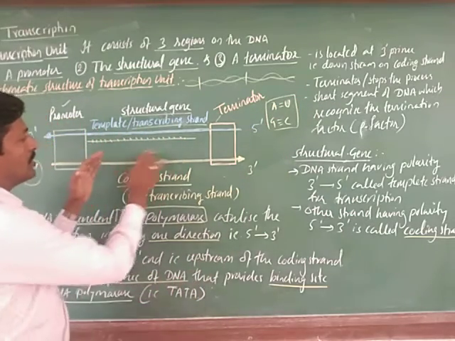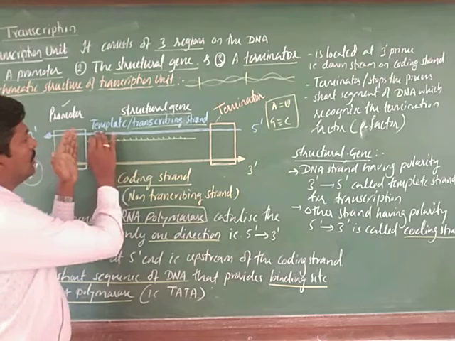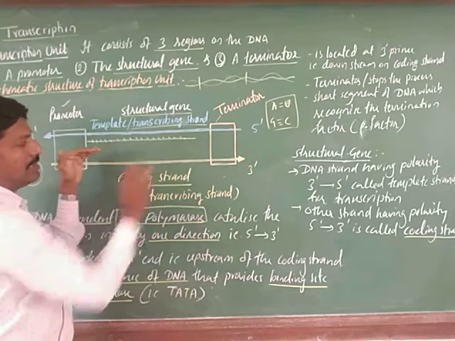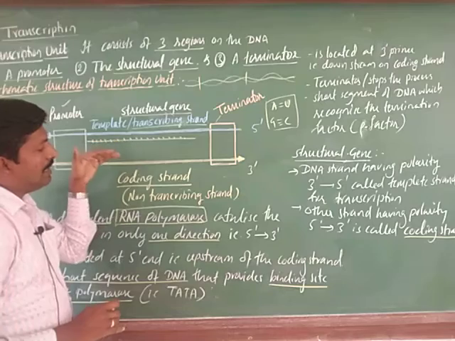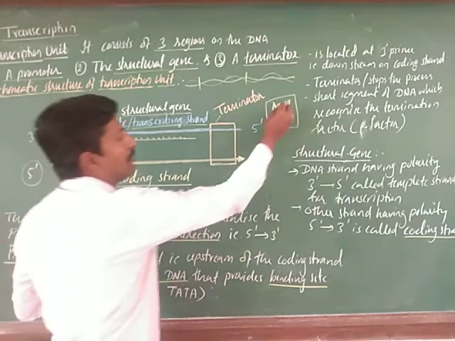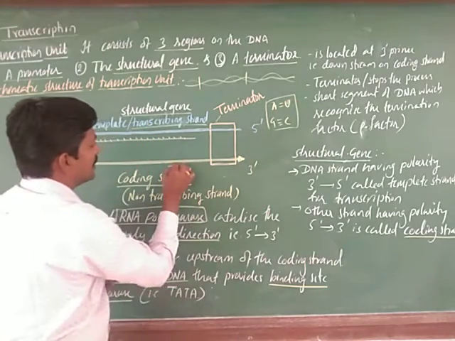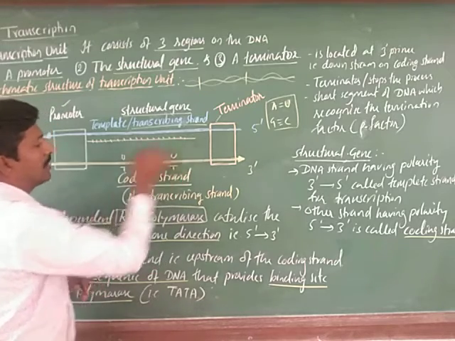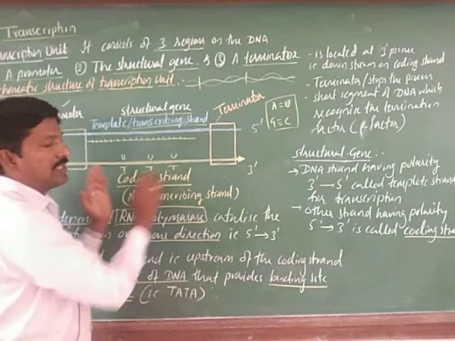When you observe the template, the mRNA synthesized on it is exactly similar to the coding strand except for the presence of T. Wherever T is present, U will be there on this strand. The remaining sequence is similar.